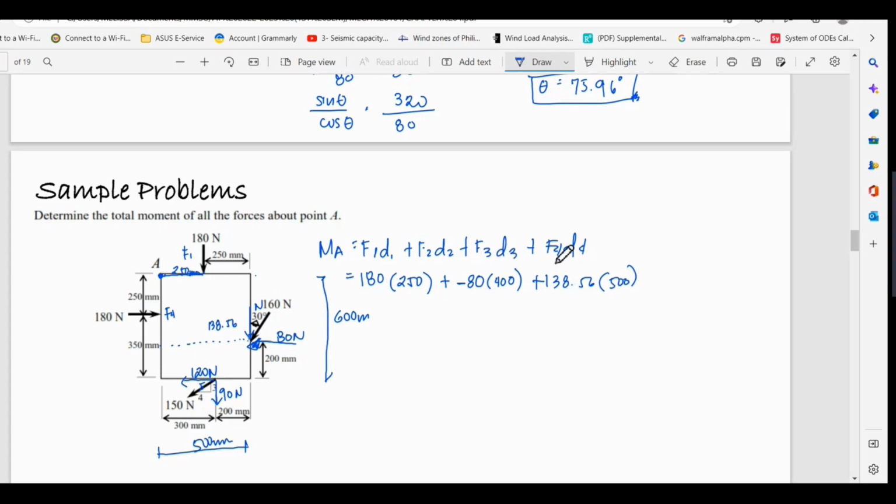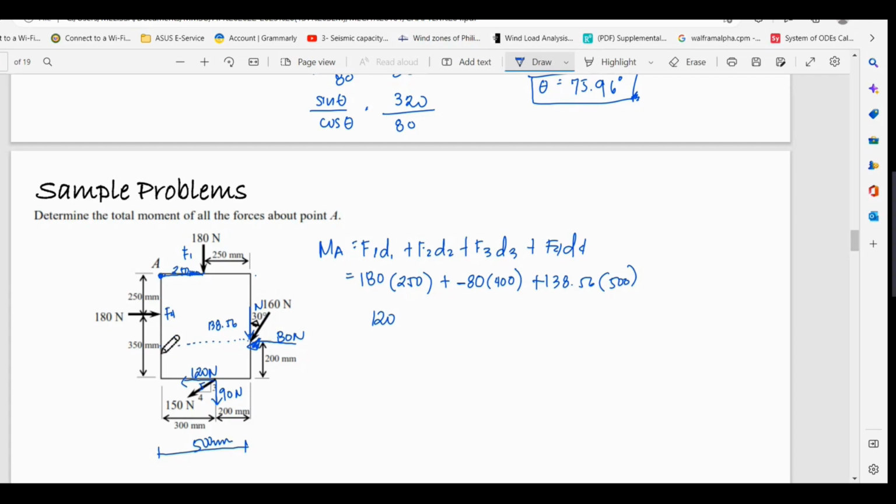Proceed to F3. Our F3 is composed of X and Y components because it is inclined. Let's start with F3x. Our F3 is 120 Newton. What is the distance perpendicular to our point A?